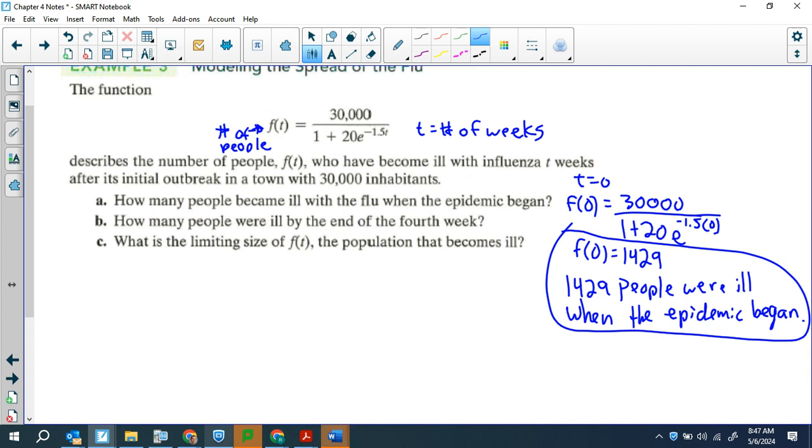All right, part B says how many people were ill by the end of the 4th week. Again, t is in weeks, so it's as simple as just doing f of 4. So we would do 30,000 over 1 plus 20, e to the negative 1.5 times 4. And then again, we would type that into our calculator.